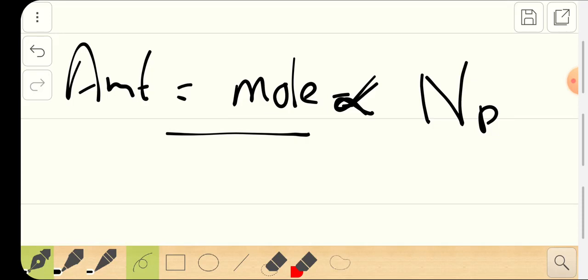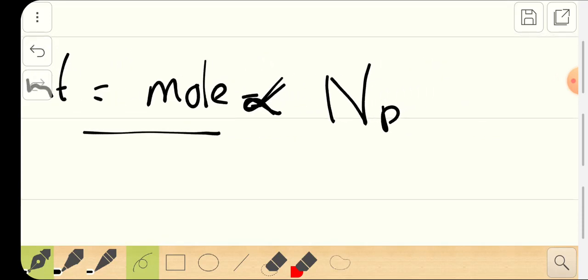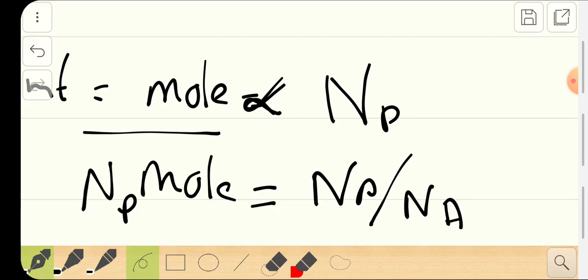Now you understand that there is a proportionality there, and for that proportionality we introduce a constant. Mole must be equal to Np by Na. Okay, that's the proportionality constant. You can introduce it on this side as well. It's much better.